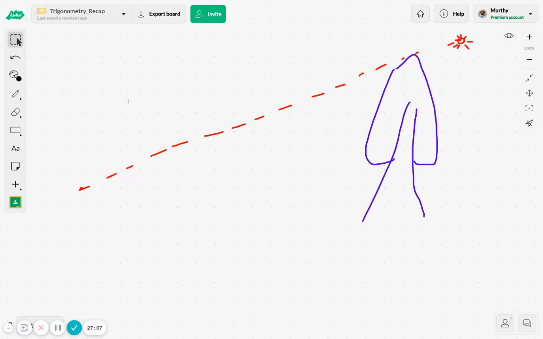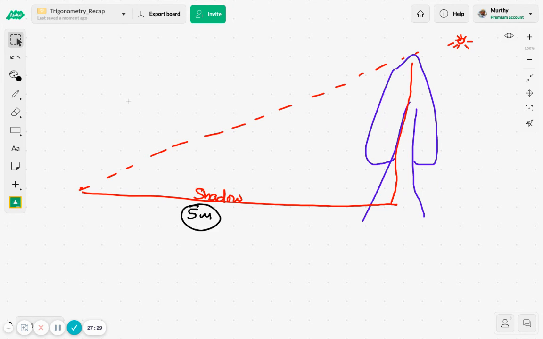This makes a right triangle with the shadow on the ground. Let's say the length of the shadow is 5 meters, and using an instrument we can measure the angle. Let's say the angle is 42 degrees, and what is the height of the tree?